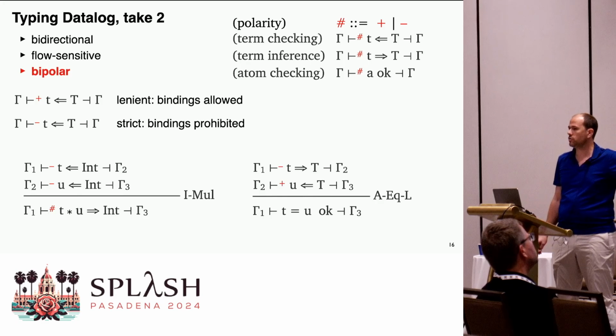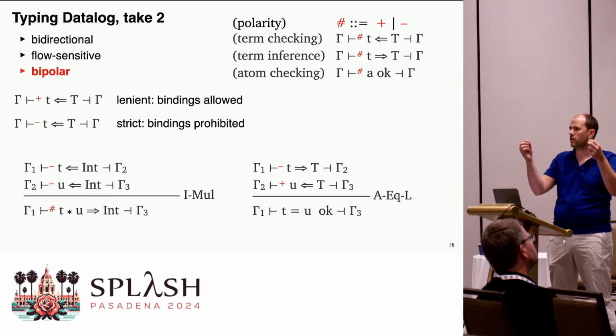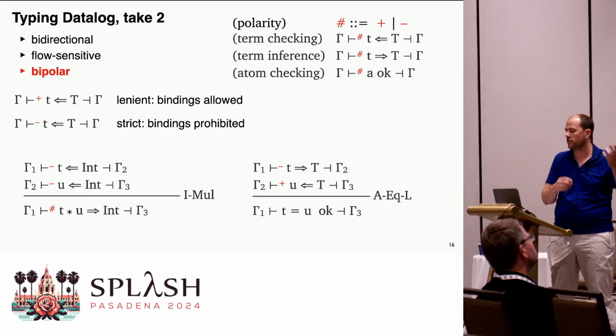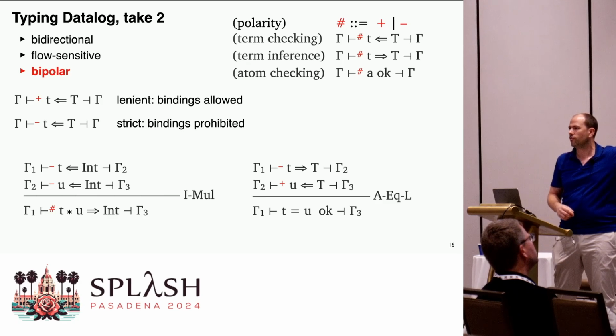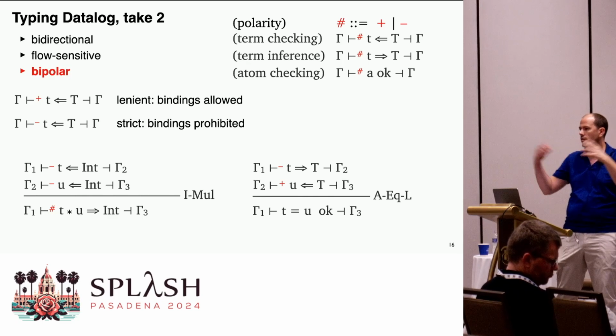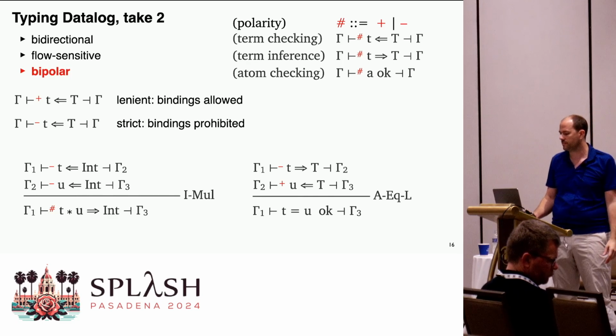We can do something similar for equations. We had this problem where on both sides of the equation was an unbound variable. We can disallow this by requiring that one side needs to be checkable in a negative polarity, so without doing new bindings. And then the other one can bind, so we can have assignments.